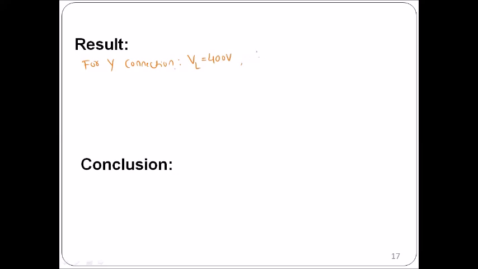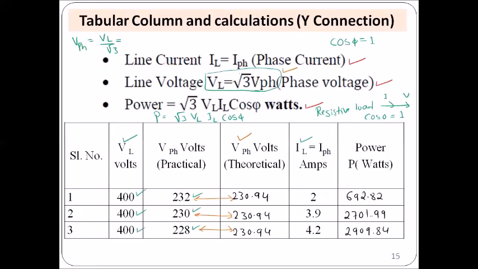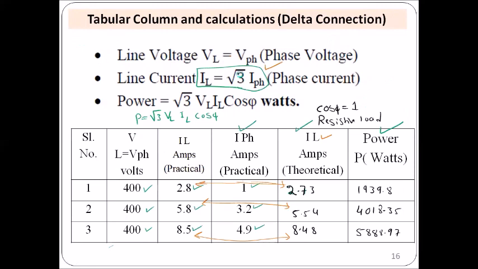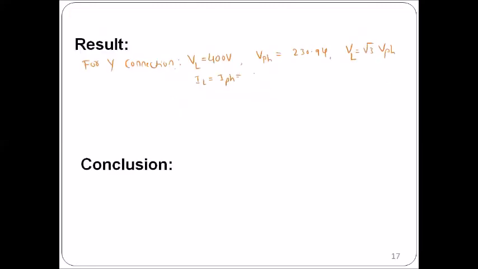Then V phase, the theoretical value, is equal to 230.94, and this relationship holds good, that is VL is equal to root 3 V phase. Also line current is equal to phase current, that is around 4.2 amperes. Okay, so this is one part of our result.